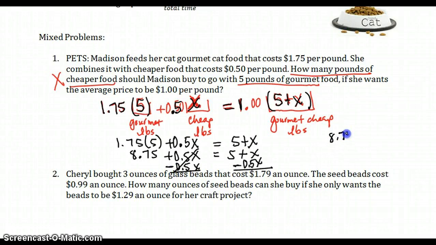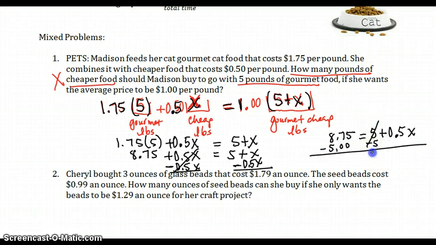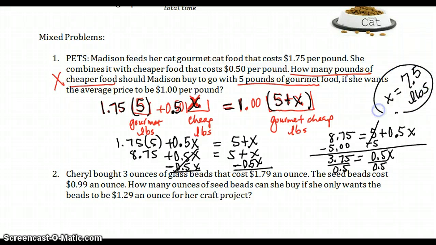We get 8.75 equals 5 plus 0.5x, because we took half away from 1. So subtract 5 from both sides. 0.5x equals, that's going to give us 3.75. Divide by 0.5, and x is 7.5. 7.5 what? 7.5 pounds of the cheaper food is what she should buy.